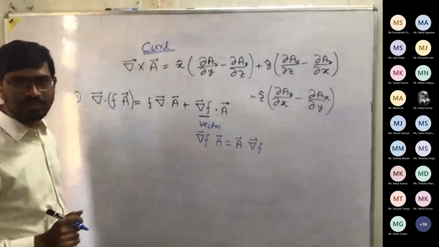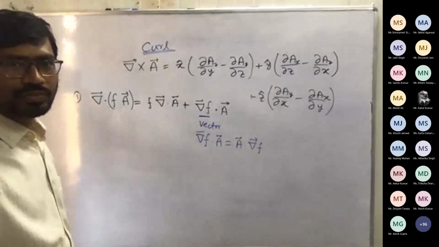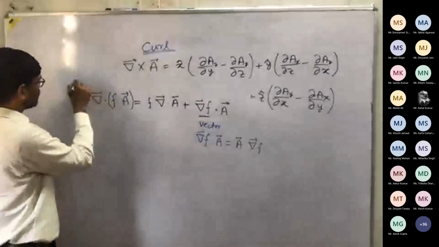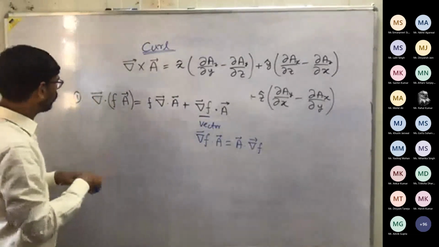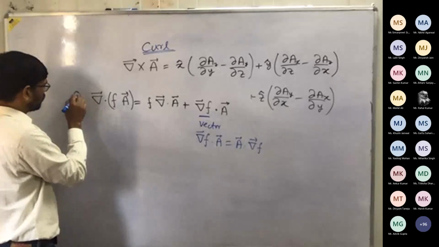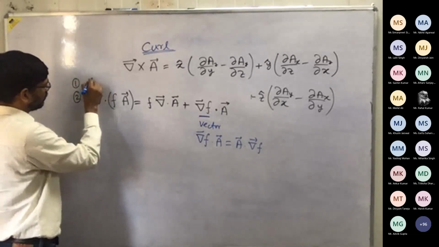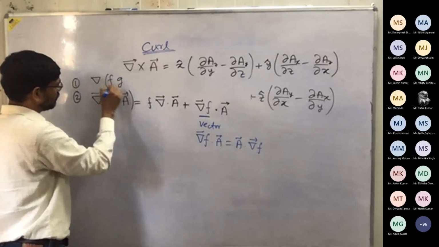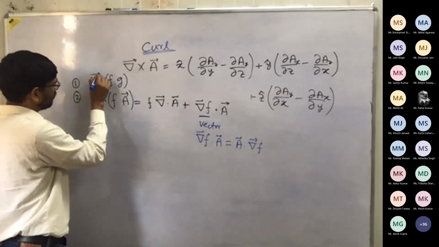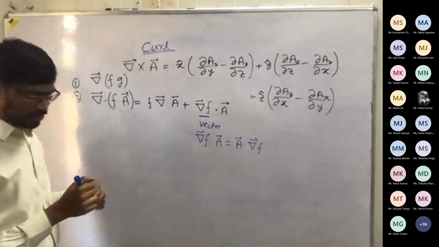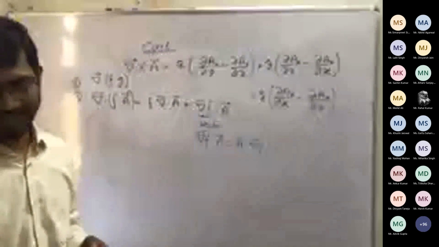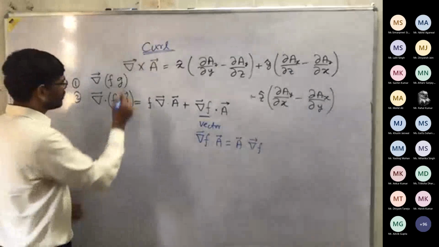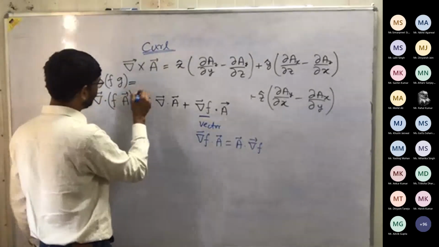Now the same type of operation you can do with this thing. Actually, I should have started. So let me call this number 2, number 1 is this one. Gradient. You can have f and g. We had taken gradient on one function, but you can have a product of two functions. That one is very trivial. This is a chain rule.